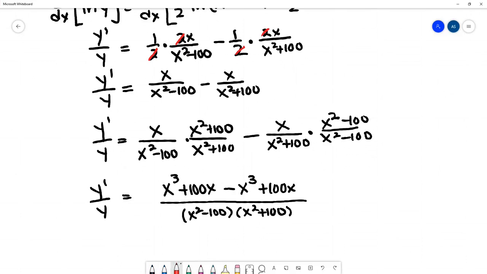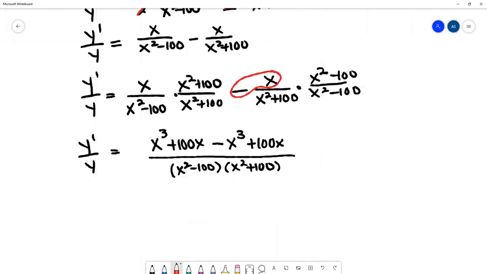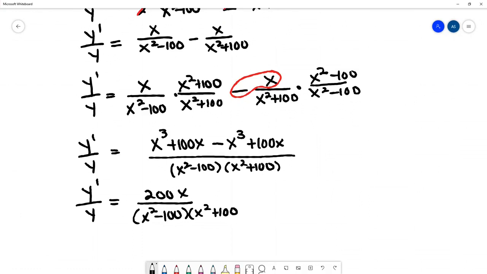I distributed this x as well as the negative, which is how I got those signs. So in the numerator, the x cubes cancel, and the 100x and 100x combine to be 200x over our common denominator of x squared minus 100 times x squared plus 100.